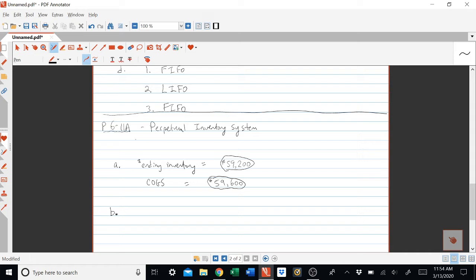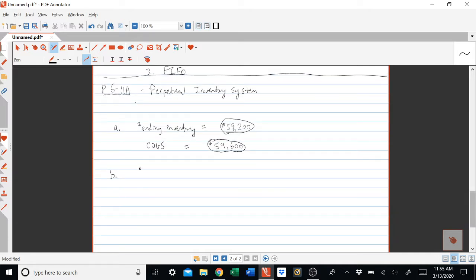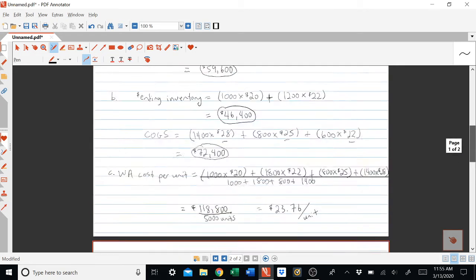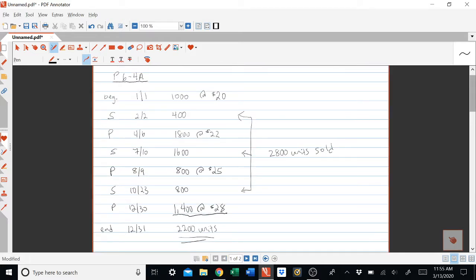So A is essentially already done. What does change is whenever you do the LIFO and the weighted average assumptions. So with the LIFO assumption, we want to calculate cost of goods sold first. And they're using a perpetual inventory system, which means after every sale, they calculate the cost of those goods that were just sold.